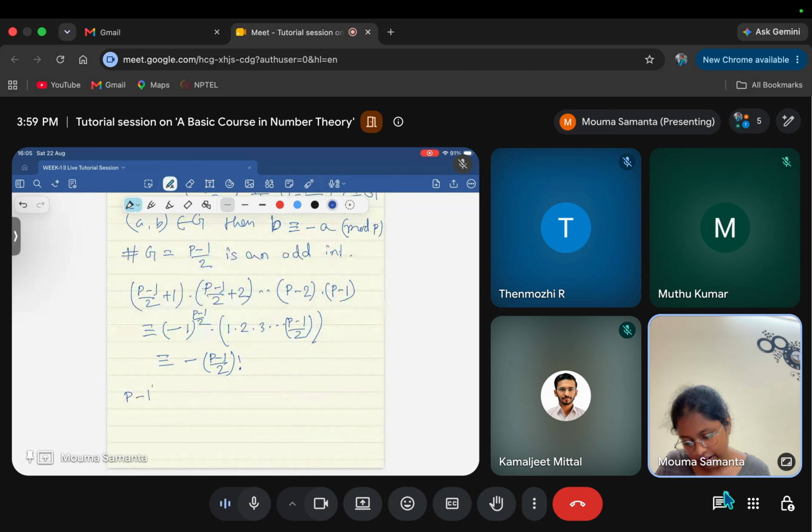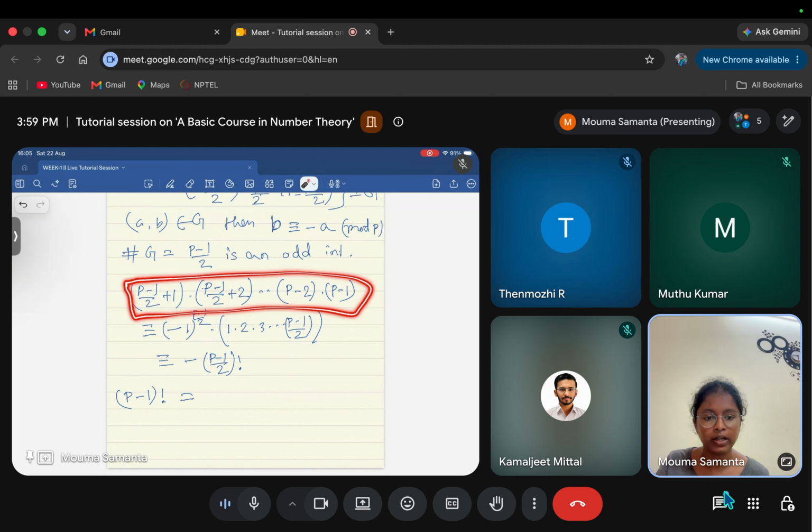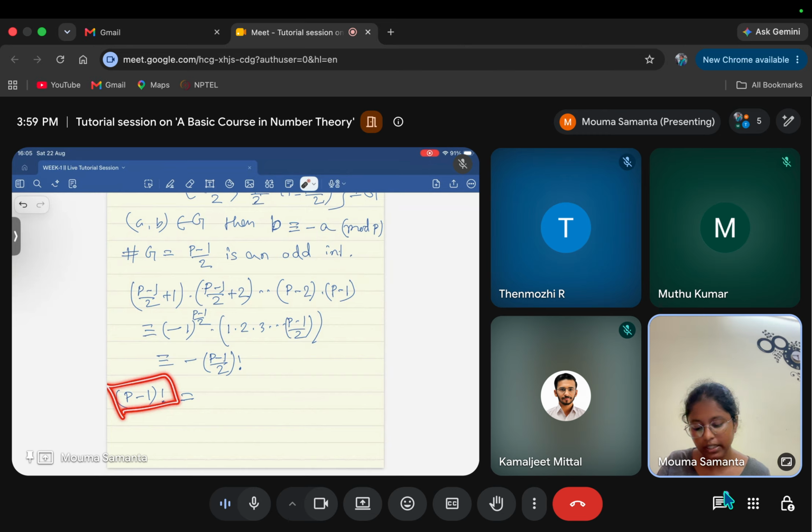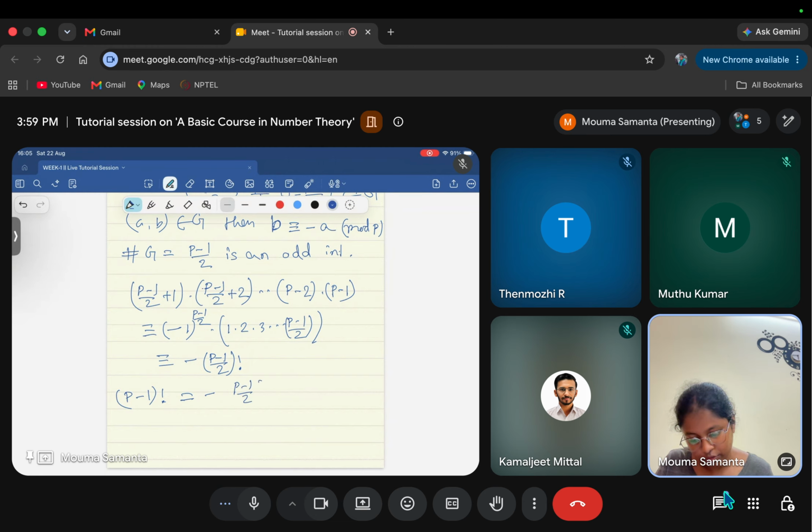Therefore, how do we get p minus 1 factorial? Just multiply 1 up to p minus 1 by 2 with this product, then we will get p minus 1 factorial. Another p minus 1 by 2 factorial we are multiplying on the left hand side. So it will give you minus p minus 1 by 2 factorial squared.